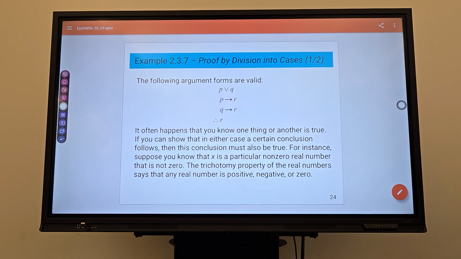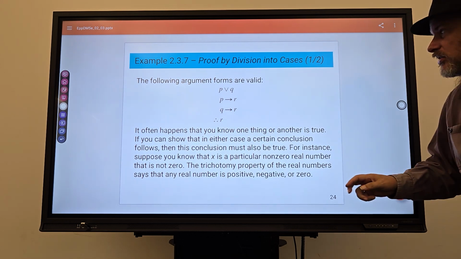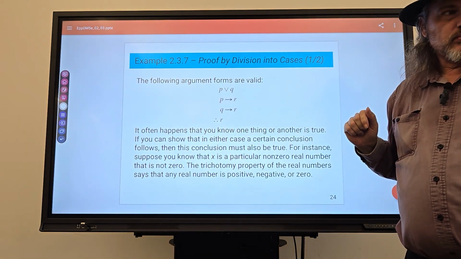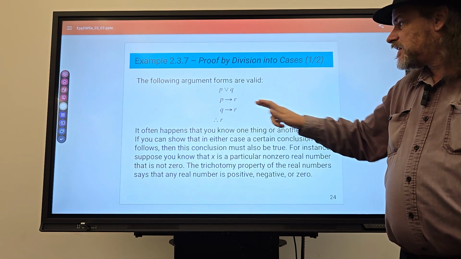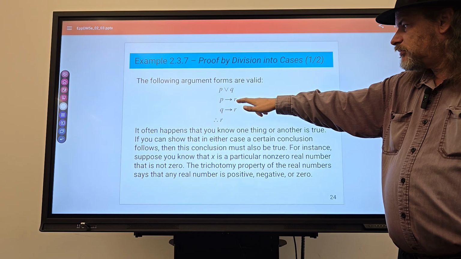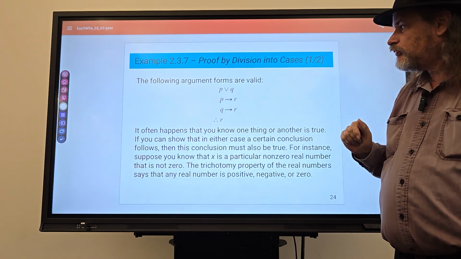Proof by division into cases. P or Q is true. P implies R. Q implies R. Therefore, R is true. So for P or Q to be true, one or the other has to be true. If P is true, and P implies R, then R is true.